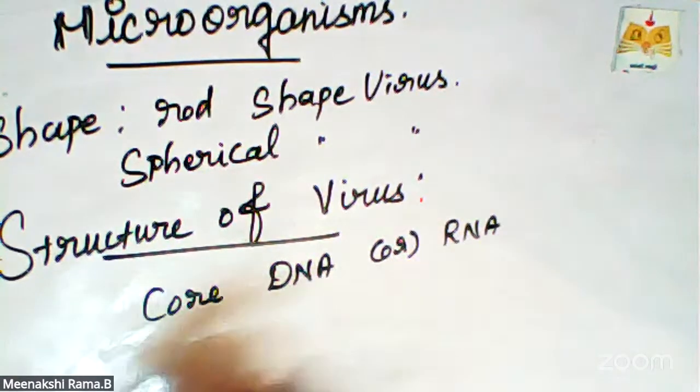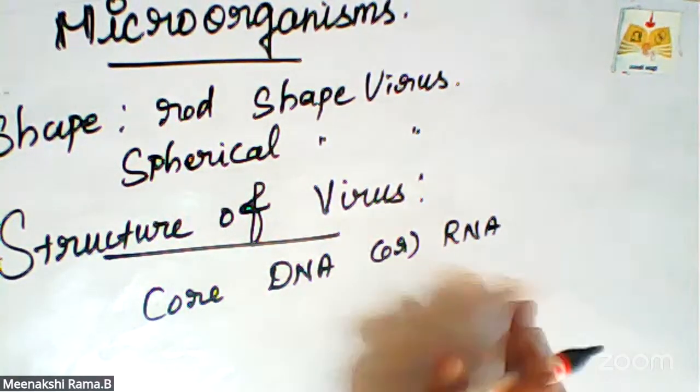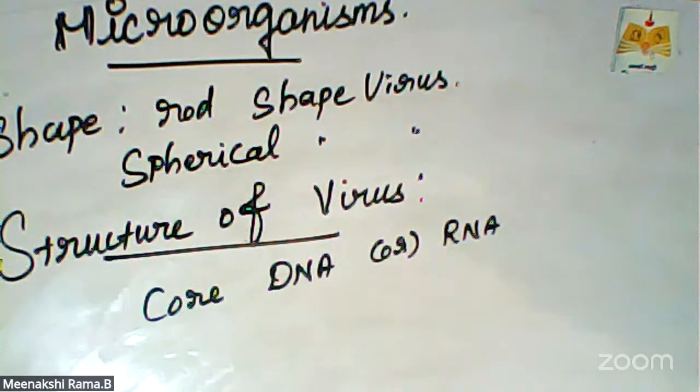Surrounding it is a coat made up of protein only. The protein coat is covered by an envelope of protein, lipid, and carbohydrates. The envelope has the spikes of the virus particles.